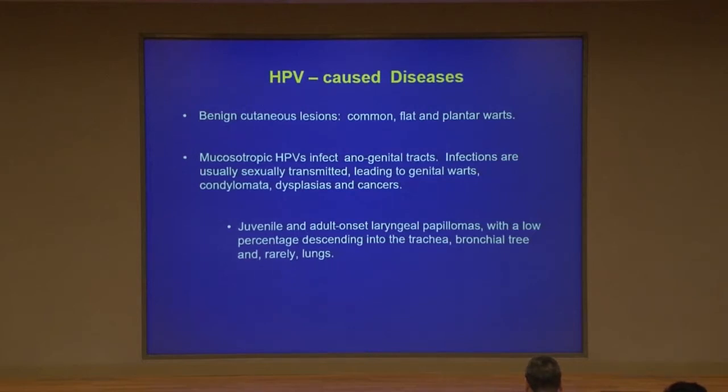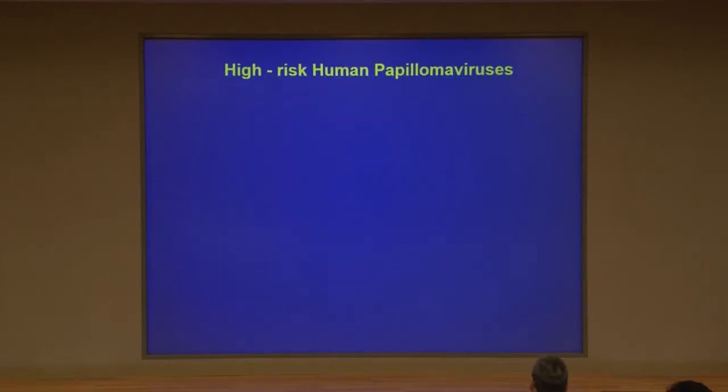Some of the mucosal viruses, in the oral cavity, most prominently cause juvenile and adult onset laryngeal papilloma. Sometimes the infected cells can grow down the trachea into the lung, and that usually causes death, even though they are warts, they're not cancer.